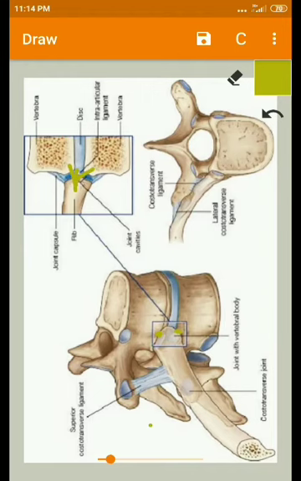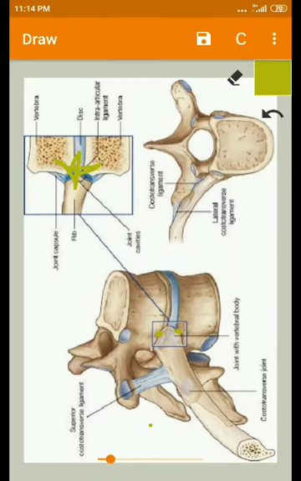The ligament stretches from the anterior part of the head of the rib and divides into three bands. So superior band, middle band and the inferior band.